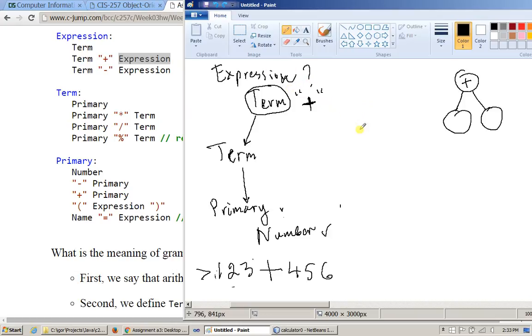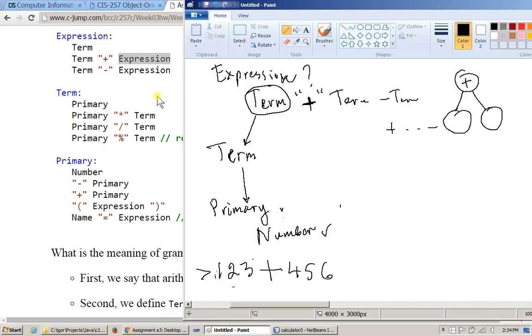The result of it is that we can basically say that expression will be happy if we deal with situations such as term plus another term, minus another term, plus another term, and so forth. This is what the expression level understands, right?